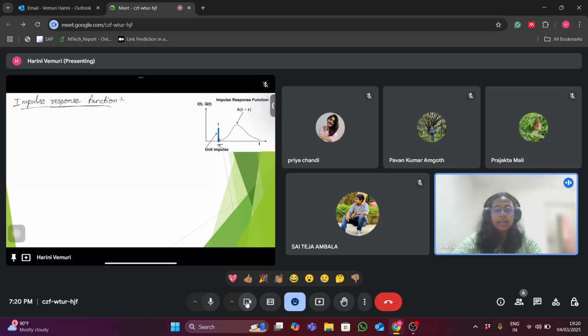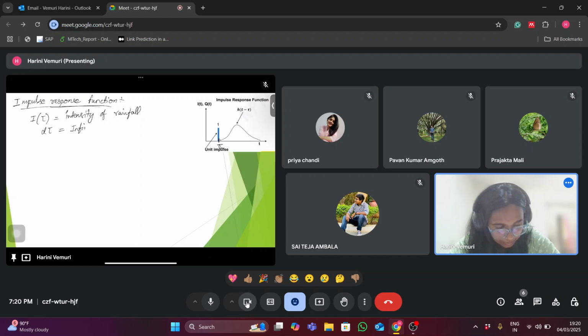Okay, and in this case, if I tau is the intensity of the rainfall occurring for an infinitesimally small time, then I tau into d tau is the input during the interval.